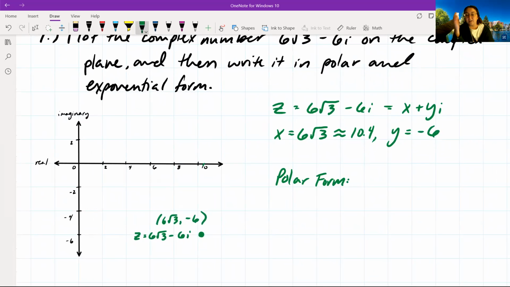So starting with our polar form, we know already that x is equal to 6 times the square root of 3 and y is equal to -6. But we want to solve for r. When solving for r, remember our polar form gives us that r, or r squared, is equal to the square root of x squared plus y squared.